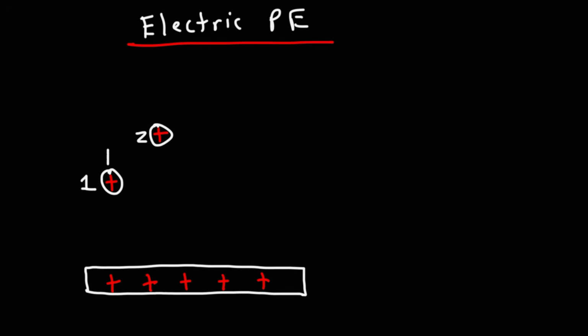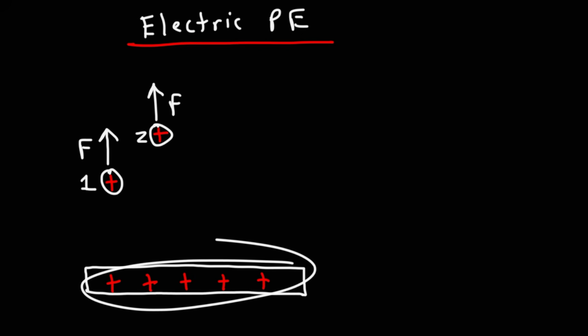Both of these charges will feel an electric force that's going to propel them away from the charged plate. Now, charge 1 is closer to this plate, so it's going to have a higher electric potential. Charge 2 is further away from it, so it's going to have a lower electric potential.